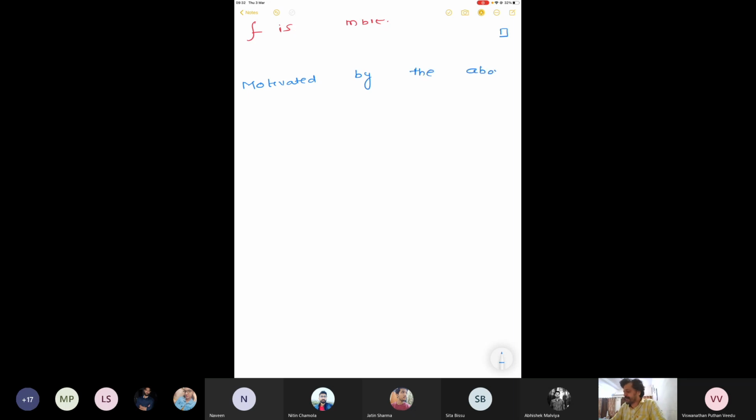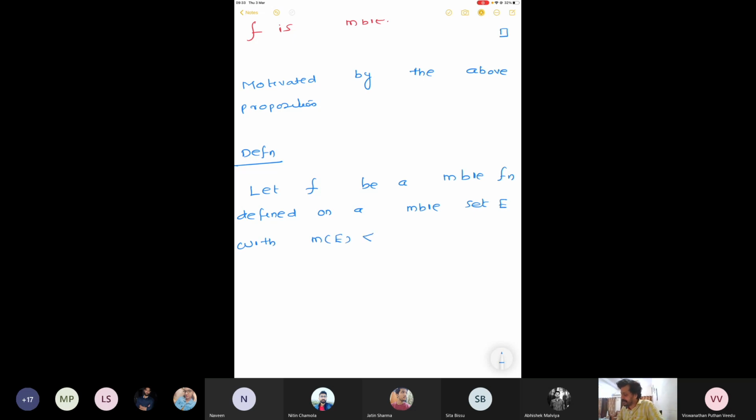By the above proposition, we have the following definition. Let f be a measurable bounded function defined on a measurable set E with finite measure, with measure of E less than infinity.